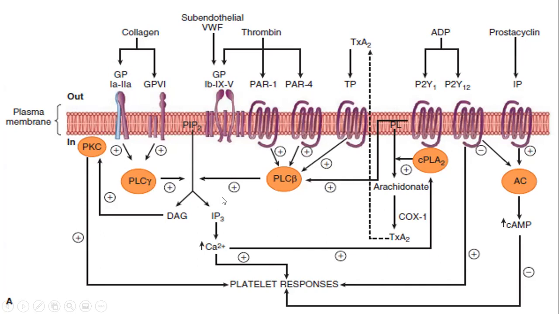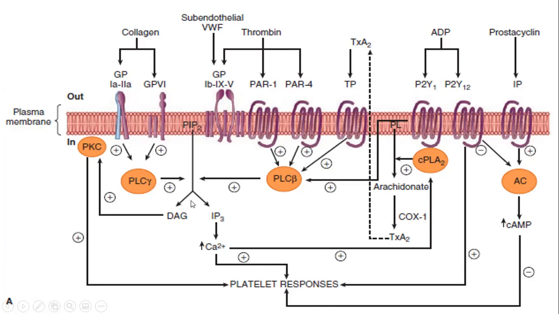Okay, so thrombin, which is said to be the most potent activator of your platelets, binds to different receptors. You have PAR1, PAR4, as well as glycoprotein 1B, 9, and 5. In turn, they would activate phospholipase C beta, and this phospholipase C would eventually hydrolyze your phosphatidylinositol phosphate.